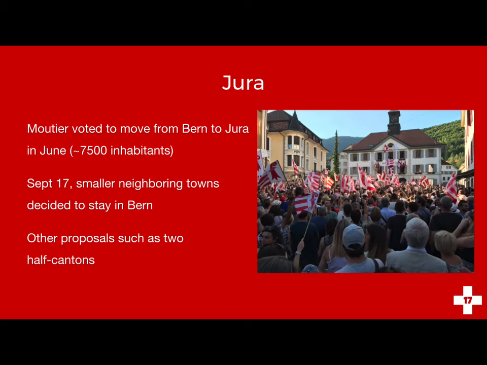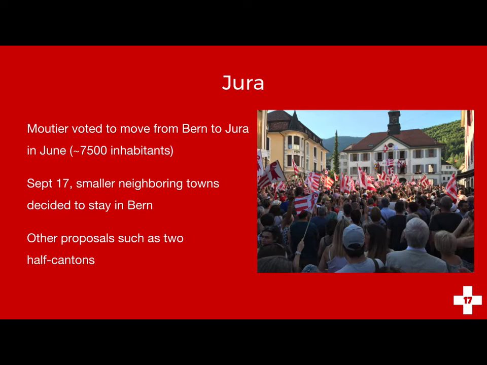And so just earlier this year, one of the major cities in that region of Bernese Jura actually had a local referendum to switch to Jura instead of Bern. And so they went ahead and redrew the borders a little bit, and now that city is part of Jura.